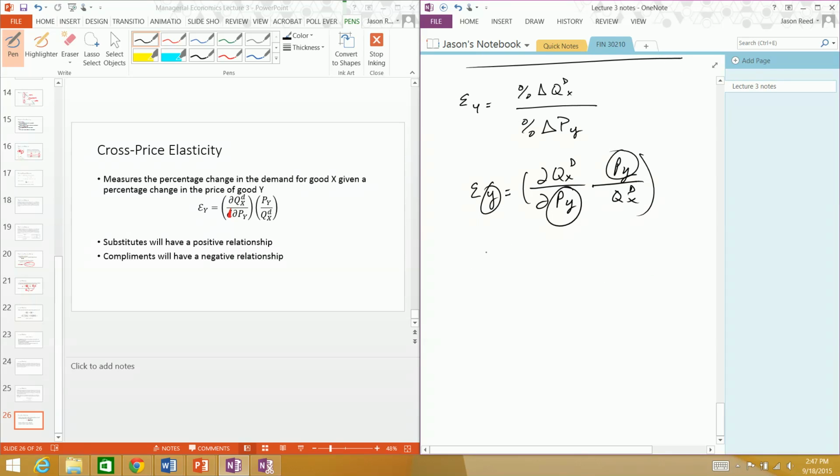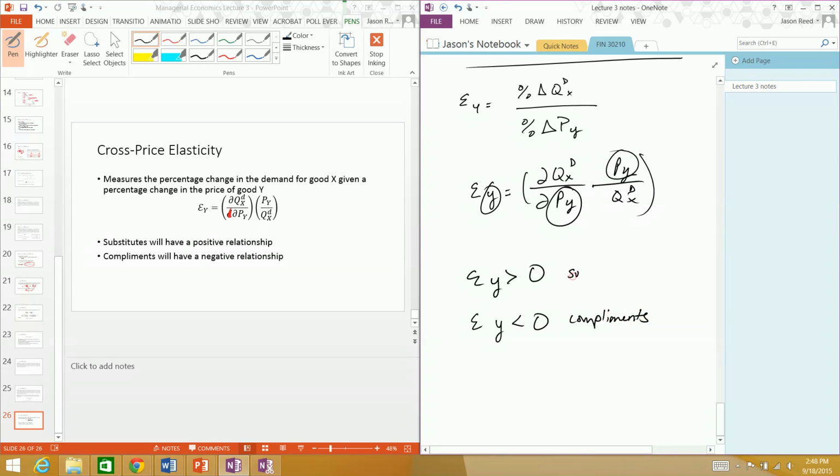So what comes out of this? Well, anytime that the elasticity is greater than 0, we essentially have a positive relationship, and these are then substitutes, which means as the price of Coca-Cola rises, the percentage change in the quantity demanded of Pepsi should also rise. And then if we have less than 0, we have complements.